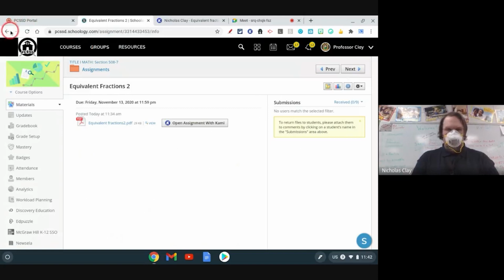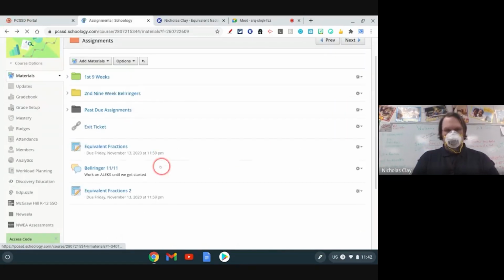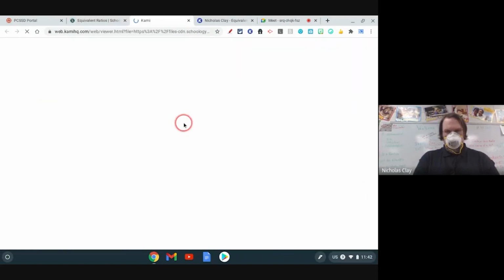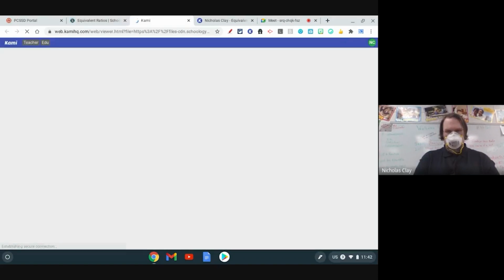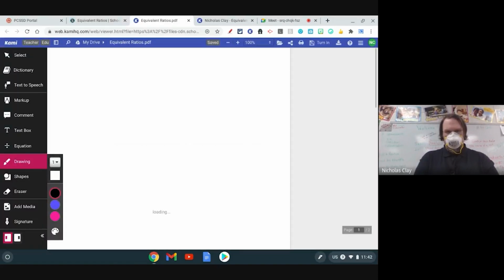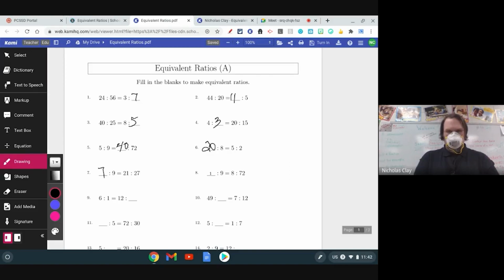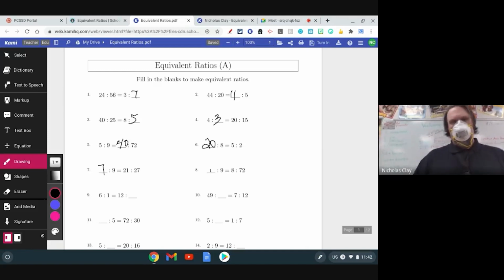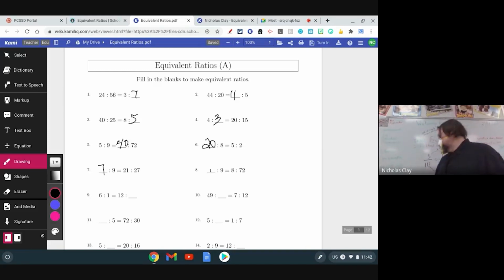You might notice if you look at our equivalent ratios, there's some similarities, like how we were doing those. Equivalent fractions have the fraction line, dividing line.